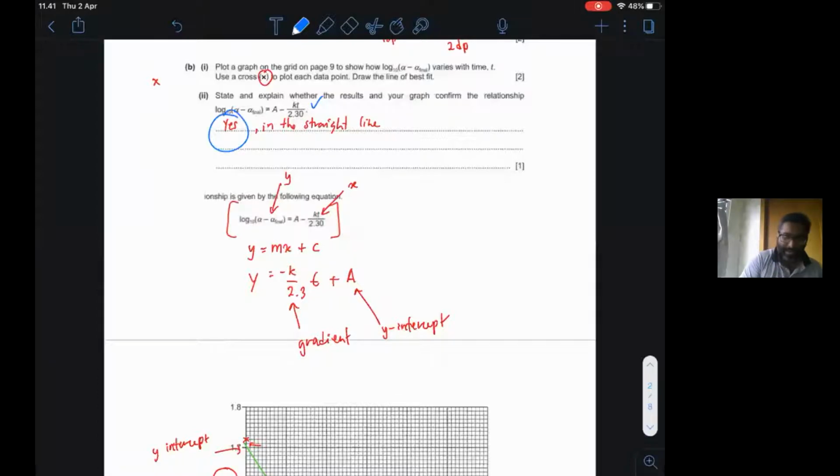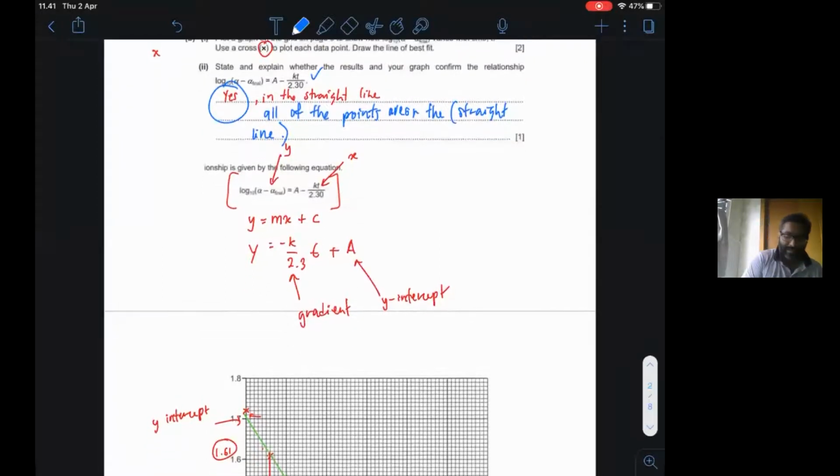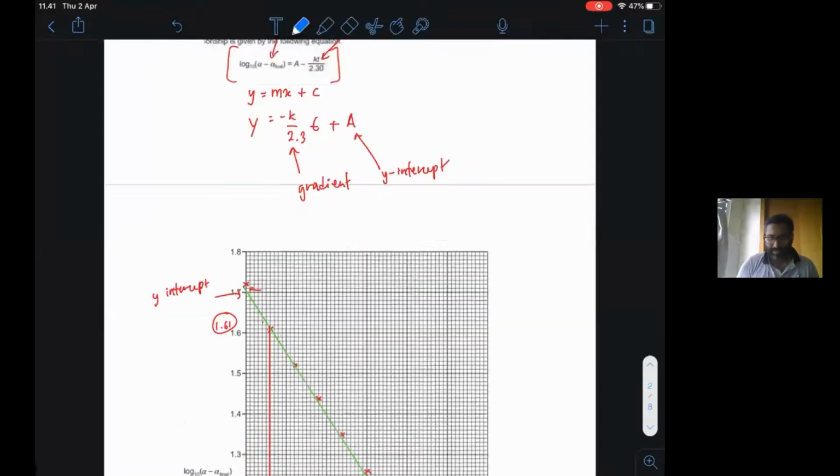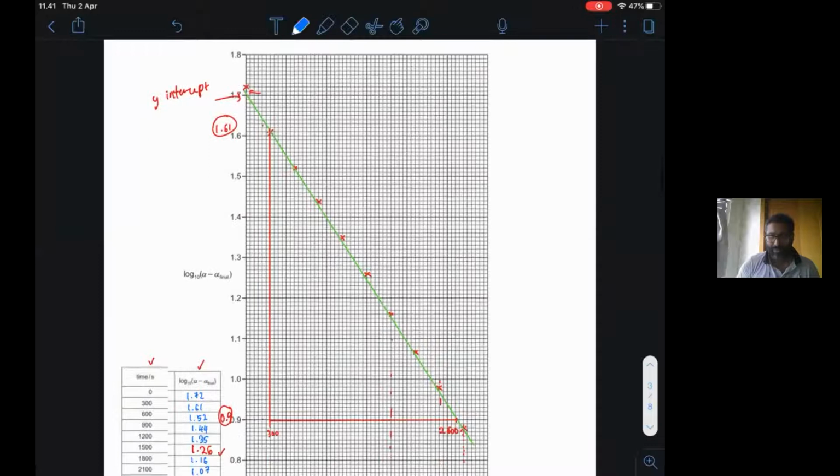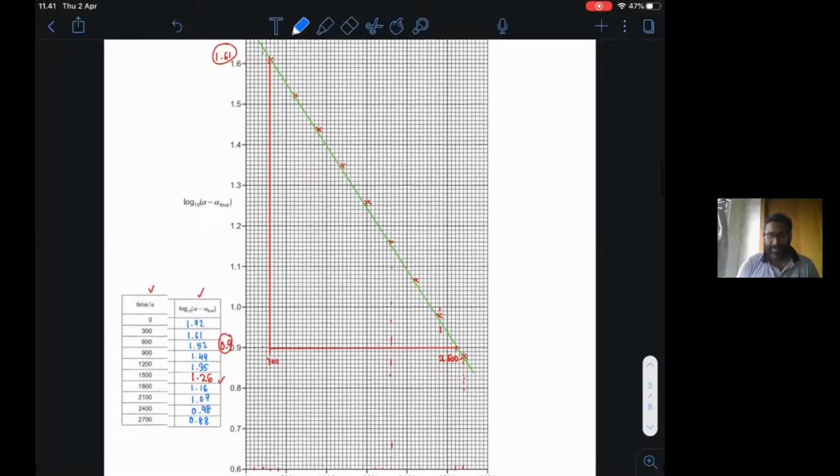You can just say that all of the points are on the straight line. Basically we are telling that there is a straight line graph, but you need to mention that all the points are on the straight line. You can see there is no anomalous results, no anomaly. Everything is straight.